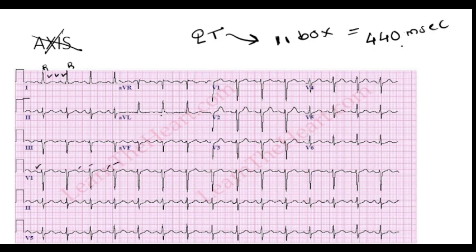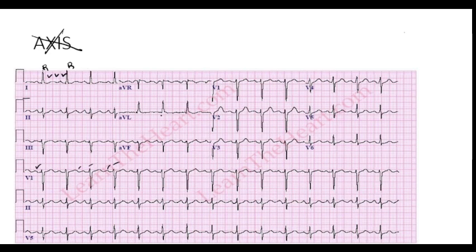It may differ by gender. In some cases it can be up to 450 as well. Let's see whether the QT interval is more than 11 small box or not.